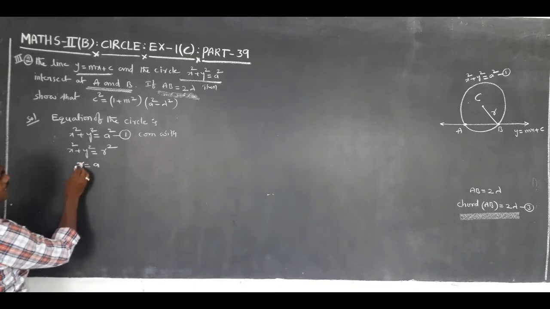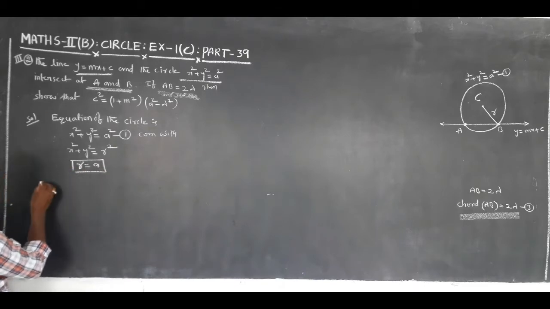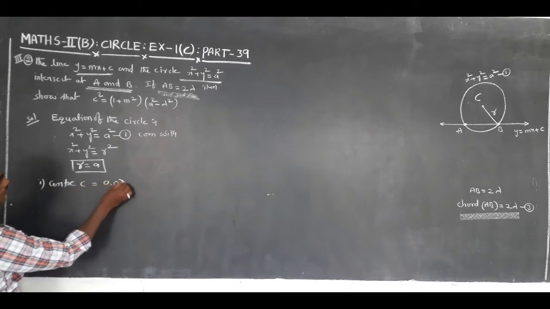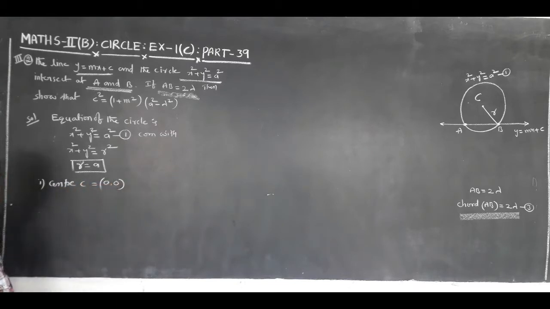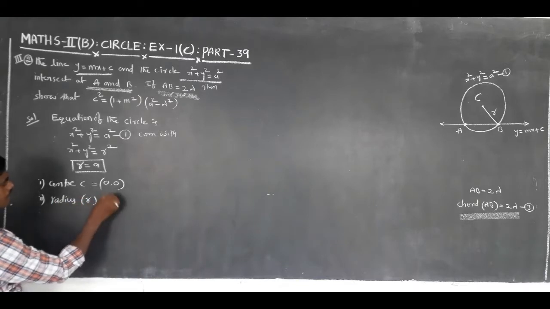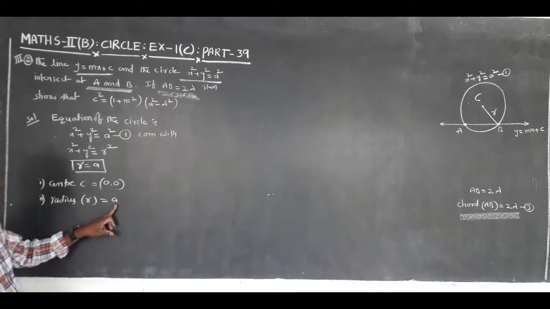The radius of the circle is equal to a. First, the center of the circle is 0, 0. Second, the radius of the circle is equal to a.